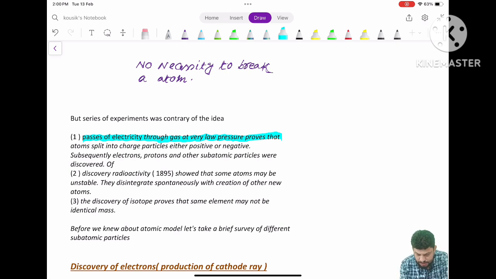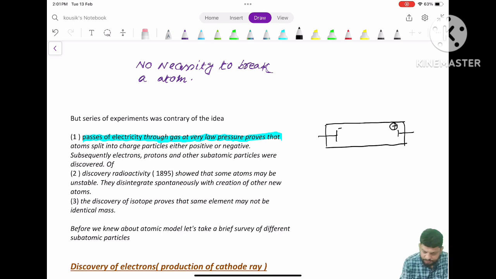Here is my setup: here is the negative end, here is the positive end, and the area is filled with some gas. If we apply very high voltage, we see that electricity is passed.